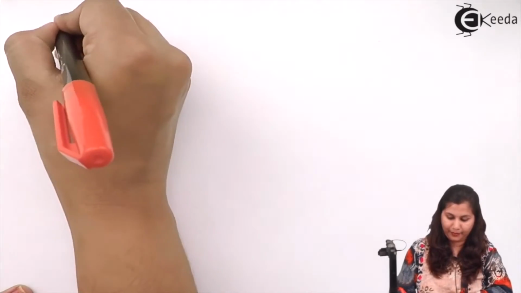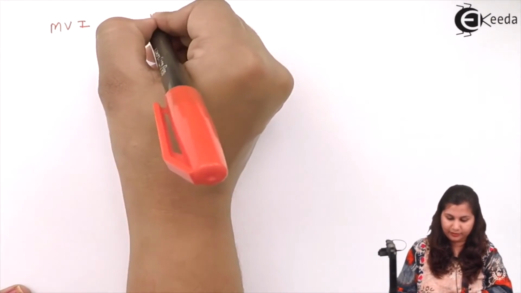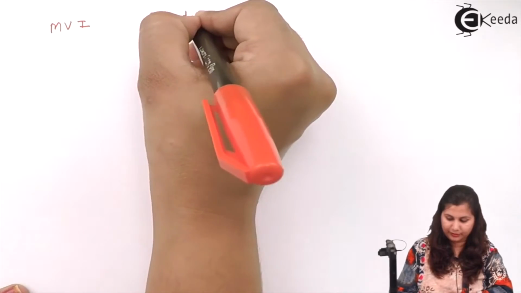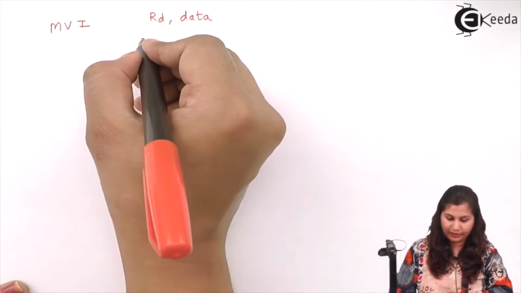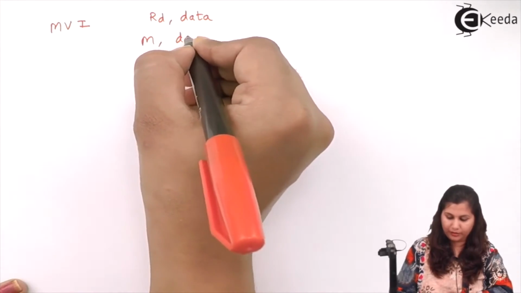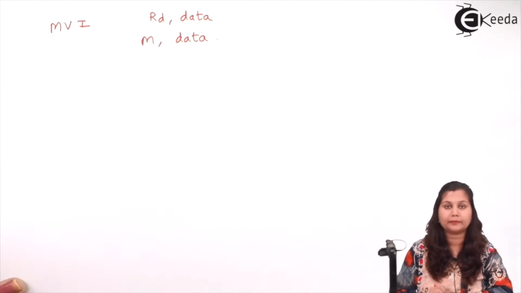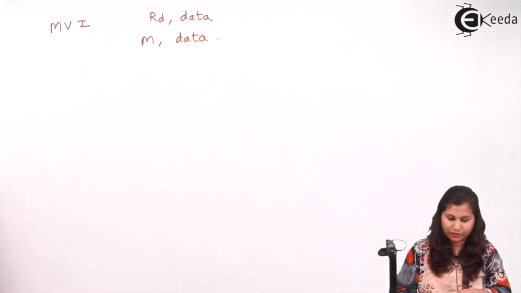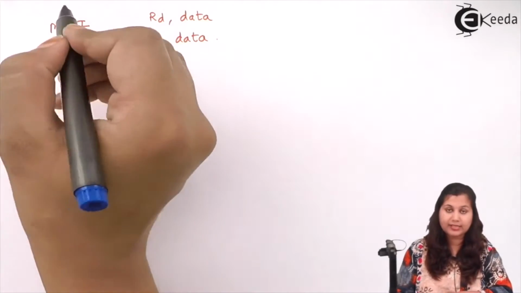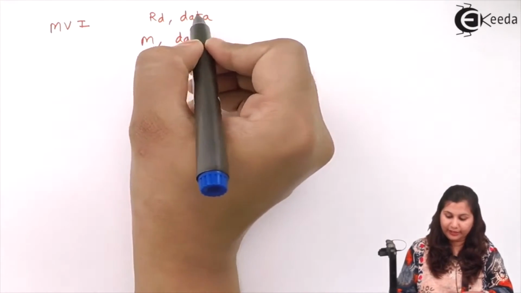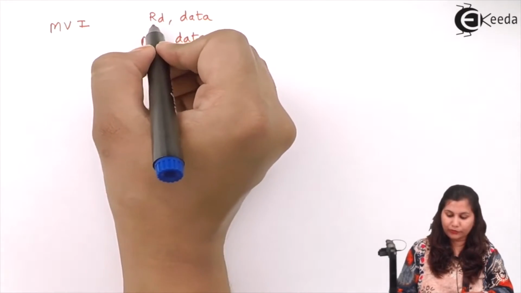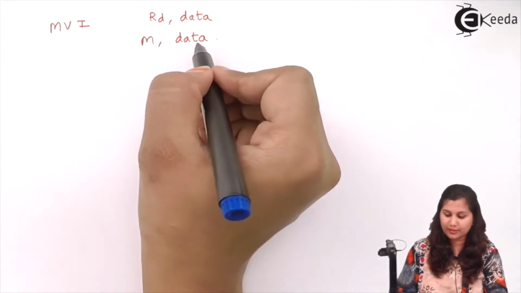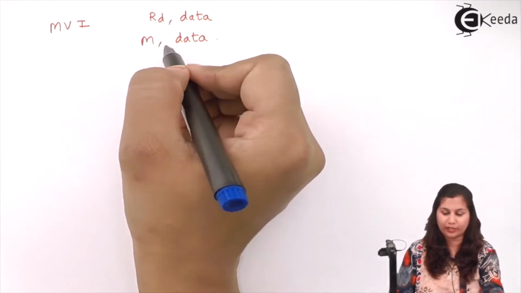Next instruction is MVI RD, data, or it can be M, data. So this instruction is just copying the immediate data. Data is given in the instruction, and this data is moved into the destination register or into the memory location.